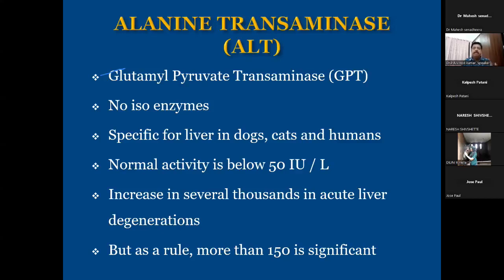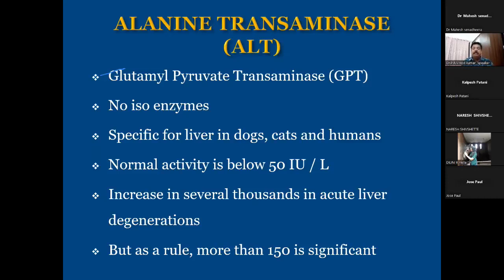So alanine is converted to pyruvic acid and glutamic acid with the help of this enzyme, SGPT or ALT. Thereby, ATP is released and stored. They have no isoenzymes. And ALT is highly liver specific in the dog, cat, and humans.